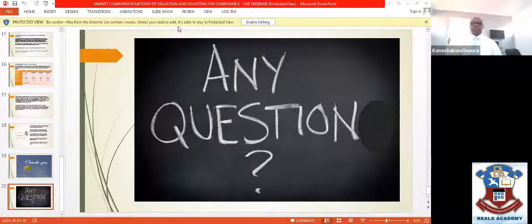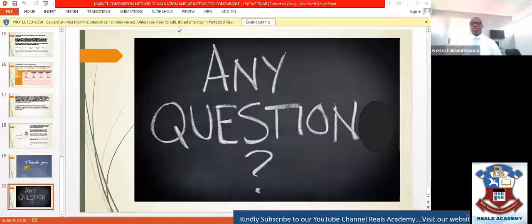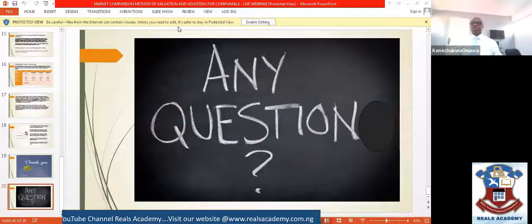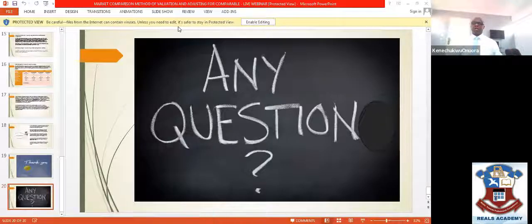Anytime you're carrying out a valuation assignment, keep two things in mind. One, do an extensive market survey and work with adequate data, because you could be called to defend your value.